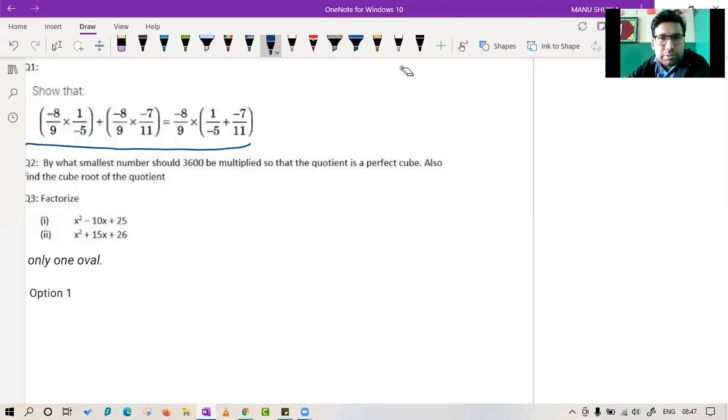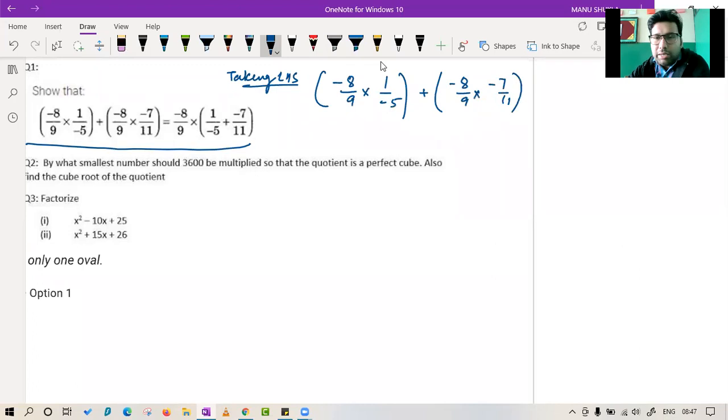So the question is this one. Let us take LHS. Taking the left hand side, we have minus 8 upon 9 into 1 upon minus 5 plus minus 8 upon 9 into minus 7 upon 11.